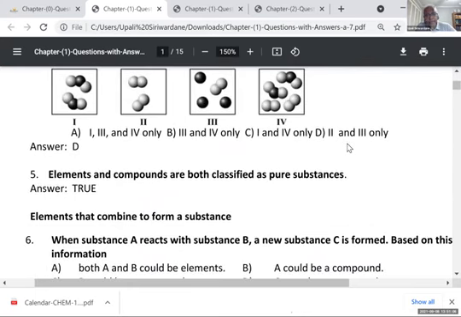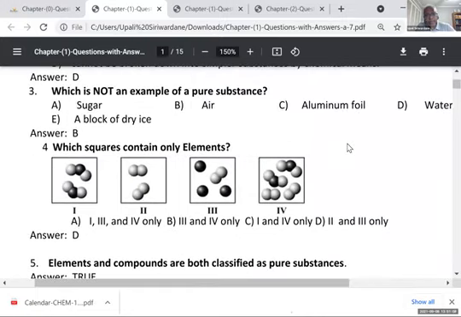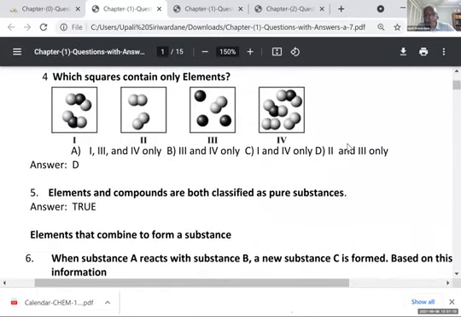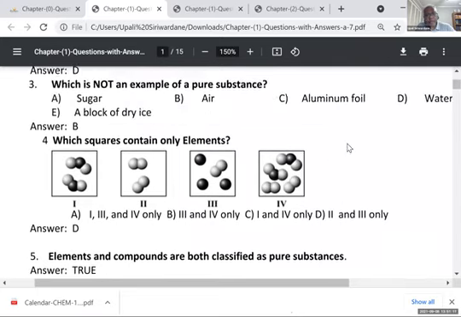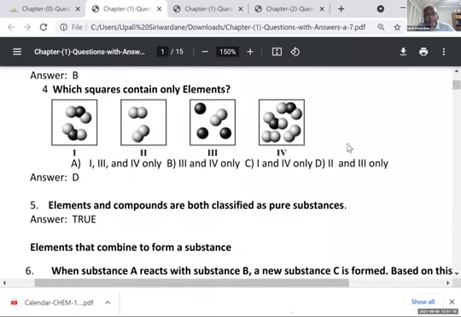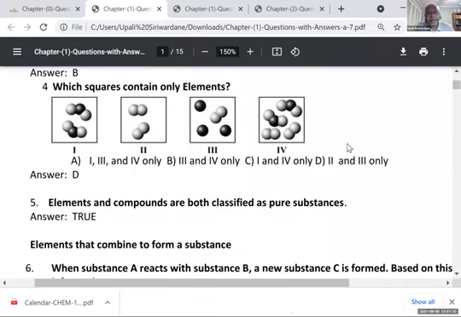Let me do number 4 because we have a picture. Which squares contain only elements?